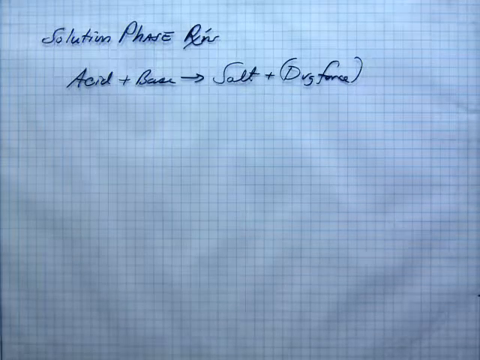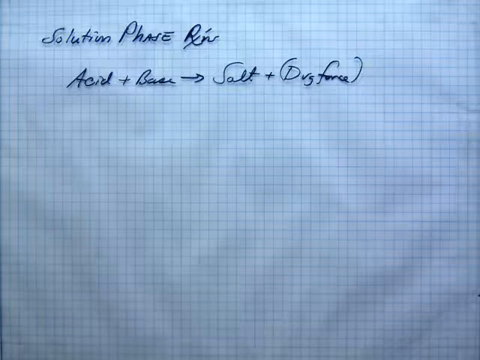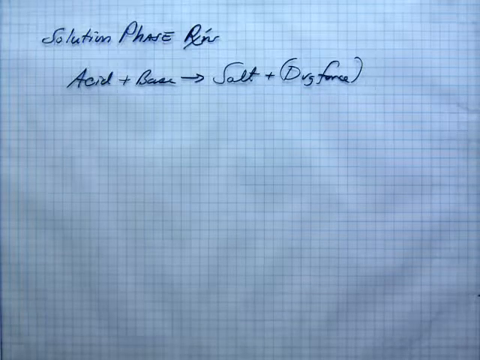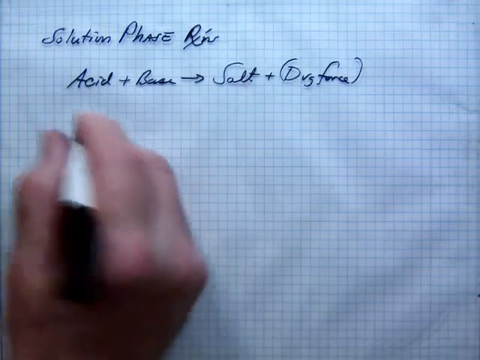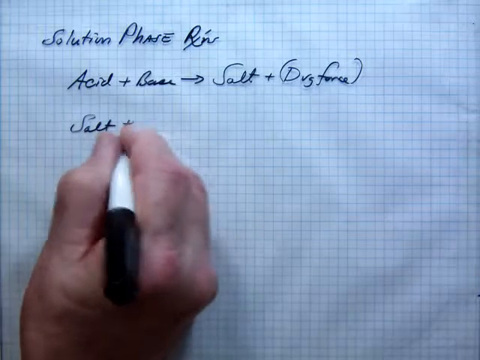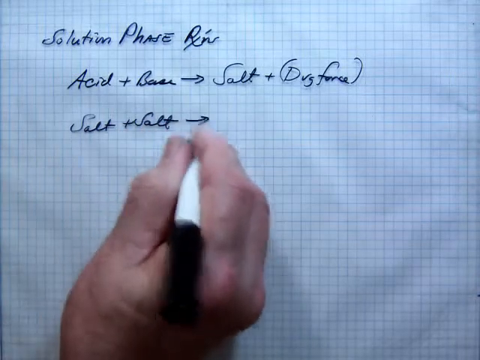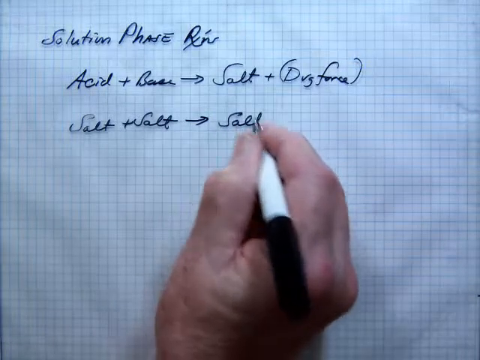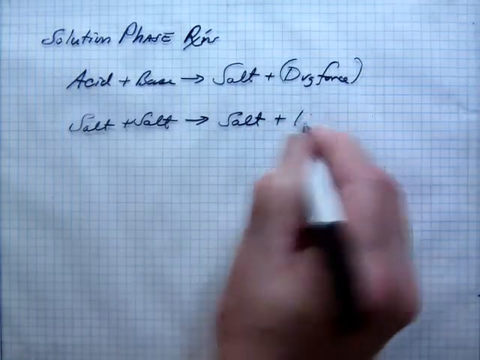Now you have combinations in solution, and other things, but the ones that are really red line important to you are those that are metathesis reactions. Then you have a salt plus salt goes to a soluble salt plus an insoluble salt.